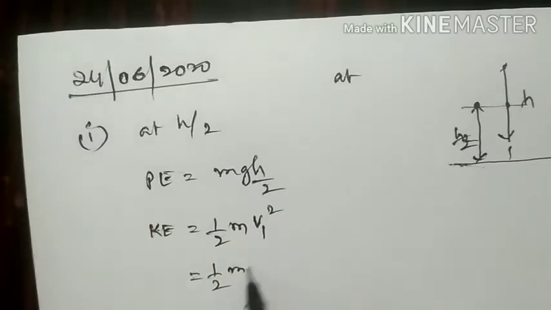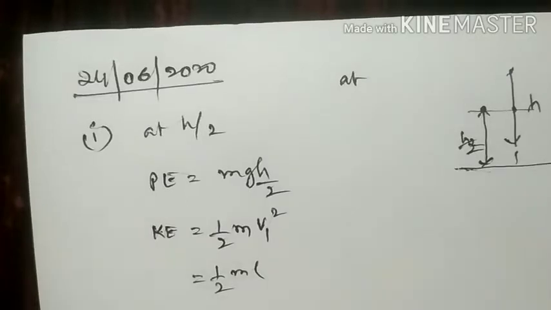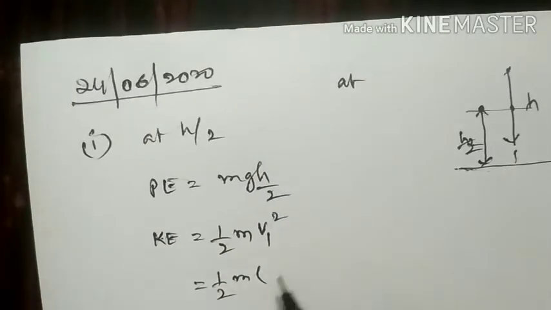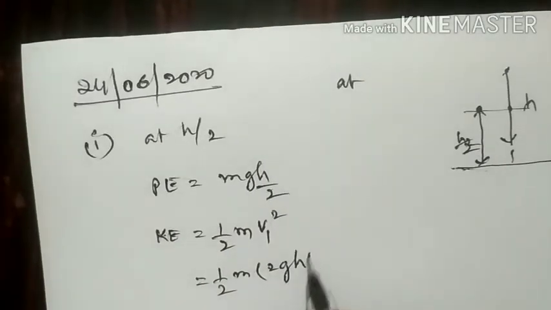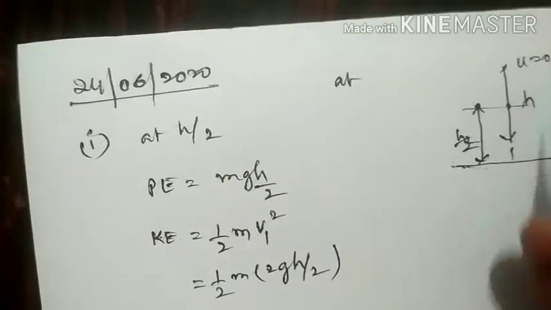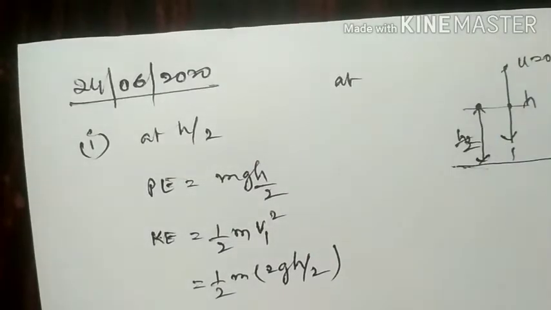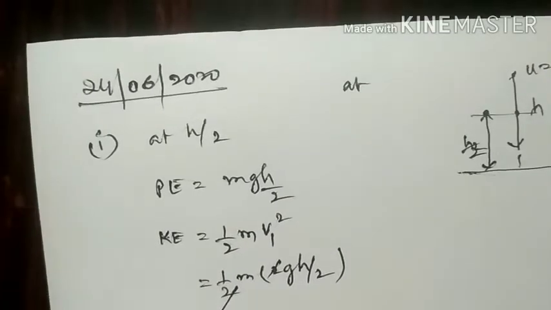Half of m into v1 square, where v1 square is 2g into h by 2, because it starts from rest. So the 2 gets cancelled and it is mgh by 2.